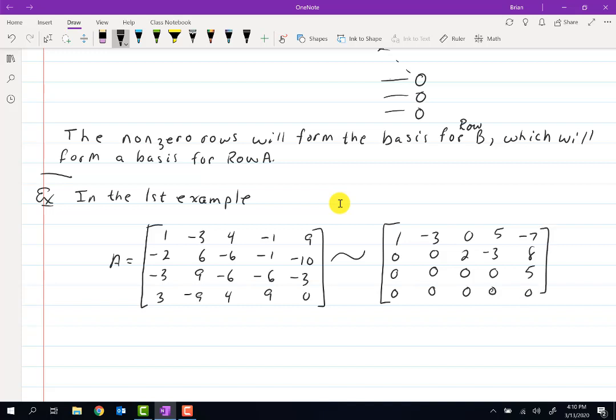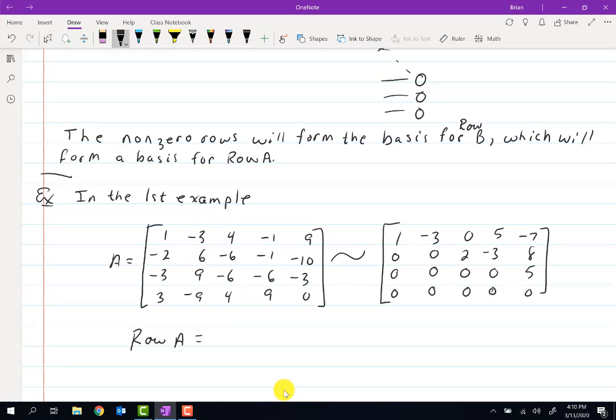Well, the beauty of this is that now my row A does not have to be listed just in terms of the original vectors. I can use these vectors here because they're linear combinations of these vectors. And a vector space is closed under linear combinations.